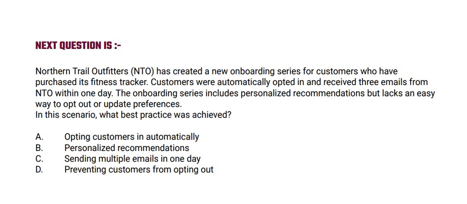In this scenario, what best practice was achieved? Options are option A, opting customers in automatically, option B, personalized recommendations, option C, sending multiple emails in one day, and option D, preventing customers from opting out.